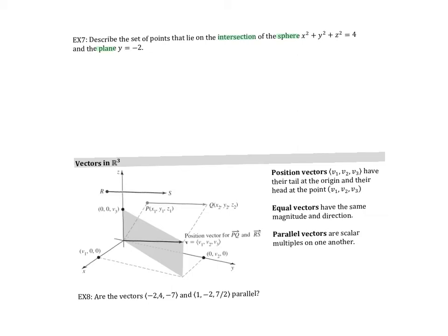If I intersect them, it's possible that they will intersect and form a circle. However, the plane can just touch the sphere. In that case, maybe it'll intersect in a point. If the plane is slanted, it would intersect the sphere at maybe an ellipse. Okay? But we're just looking at a y equal to -2. That would be a vertical plane.